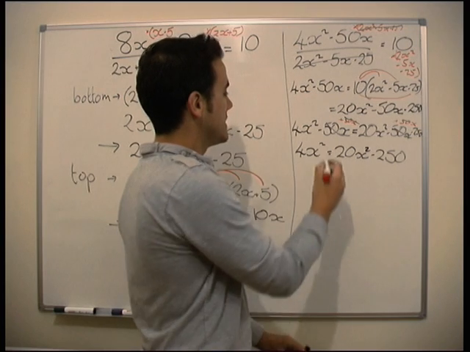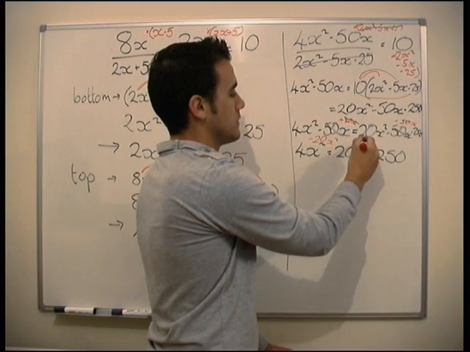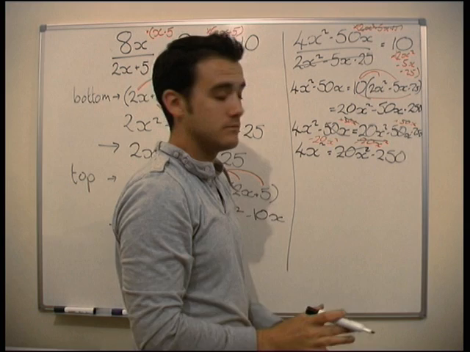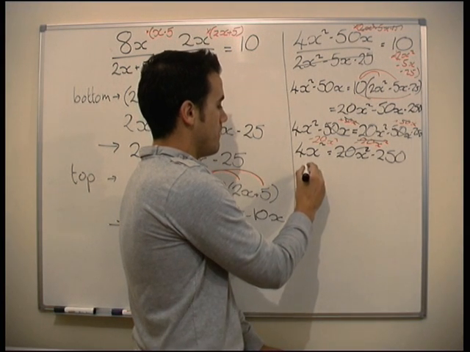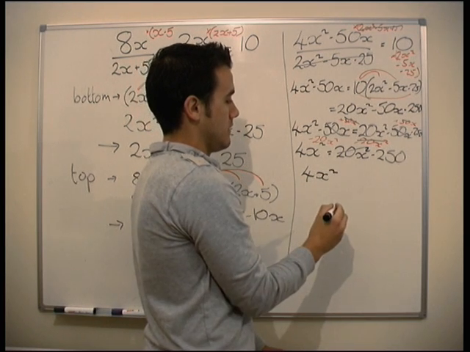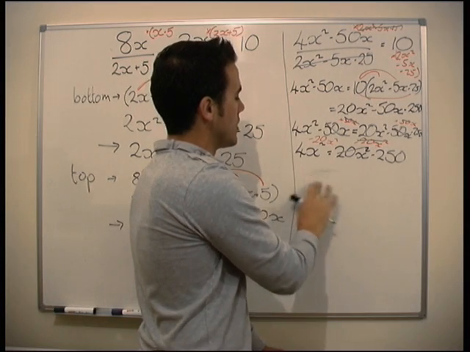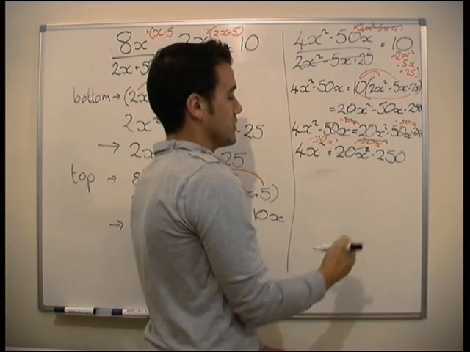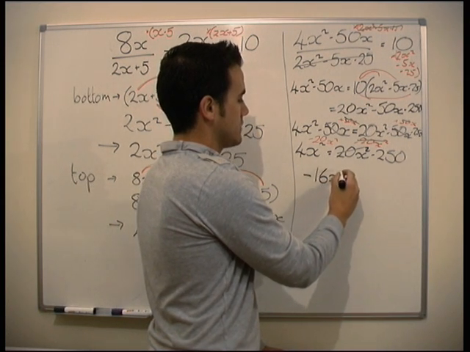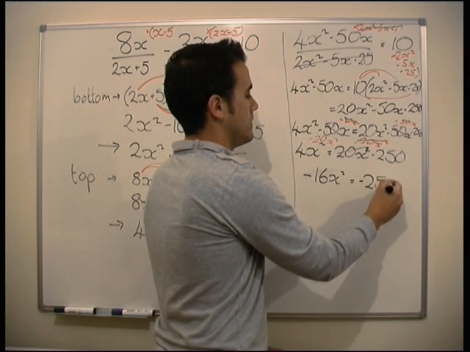So now we're going to want to take 20x squared off each side, so take away 20x squared from the left and take away 20x squared from the right. It's going to cancel those out. And we're going to end up with 4x squared minus 20x squared, so let's do that in one go, let's not bother writing it out. 4 minus 20 is going to be minus 16x squared equals minus 250.